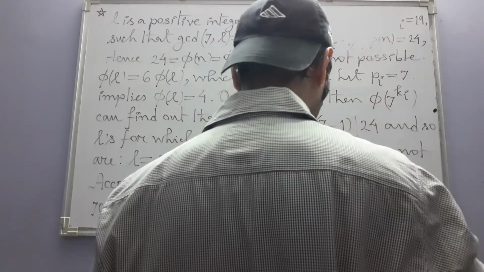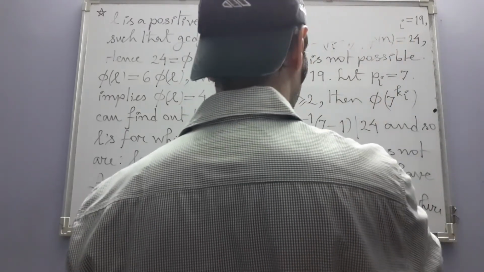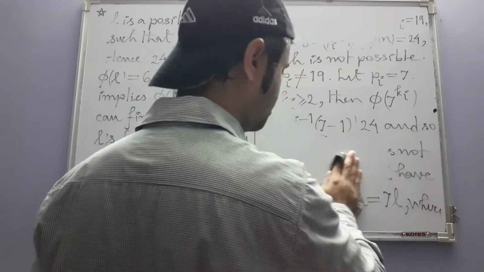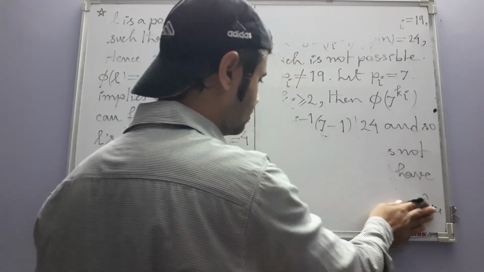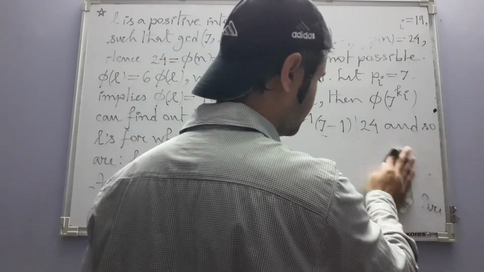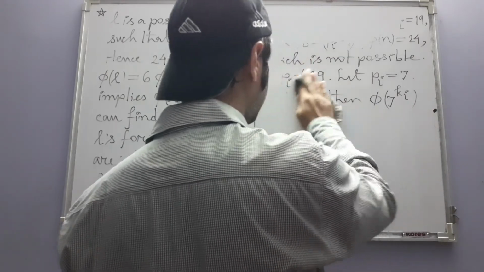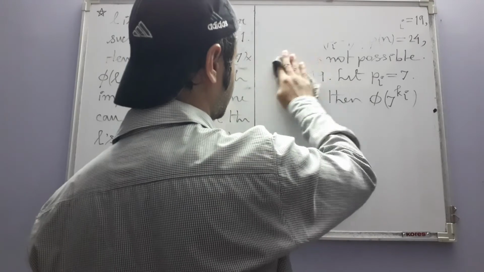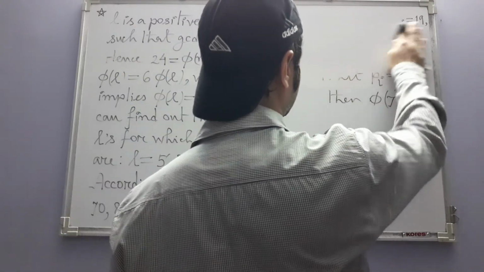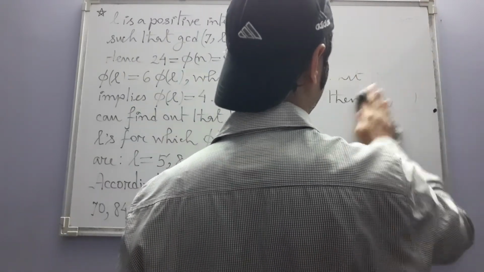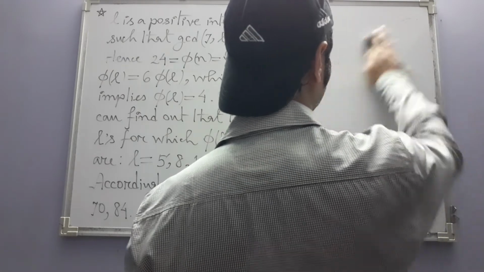And even then, after completing the calculation for pi equal to 13, we won't be done, because this is only one part of the argument. There is another possibility. We are going back to that. Let us first see the case pi equal to 13.